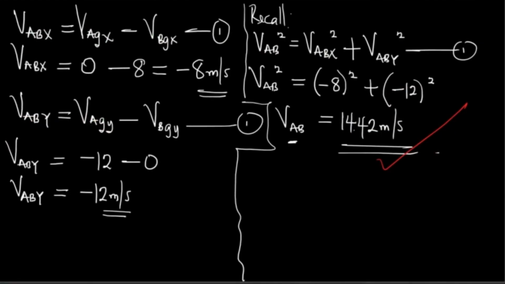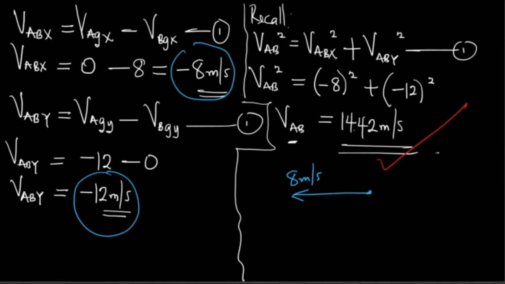With that resultant velocity, we have the one on the x direction and the one on the y direction. This is how we are now going to draw that. The velocity of A relative to B on x is minus 8. So you start from here, you put the arrow here, that is minus 8. You can write it as 8 meters per second. The one on the y is minus 12.